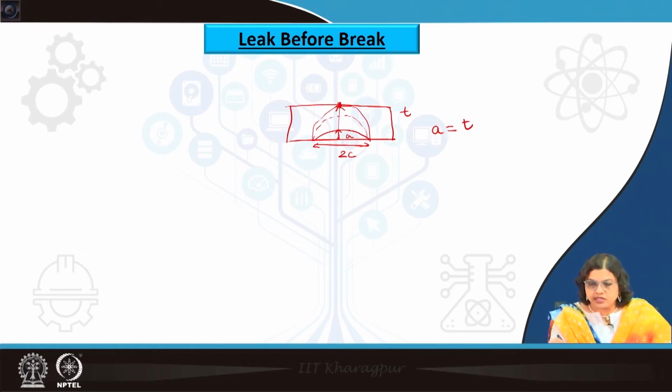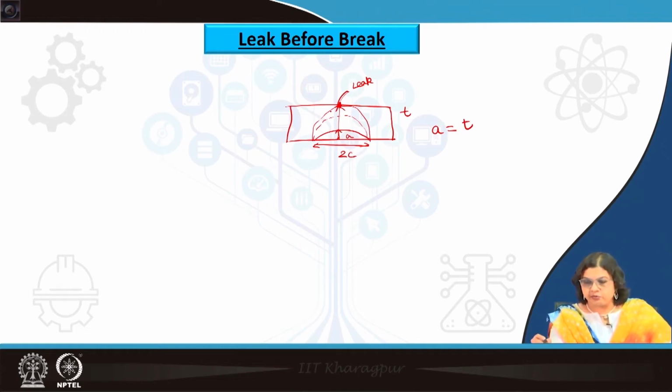Okay. So, this leads to a leakage, and whatever pressurized fluid is stored inside the cylinder can come out from this, and there will not be any catastrophic failure. That, although a failure event, helps in avoiding the catastrophic failure. So, that is why the leak before break condition is favored.